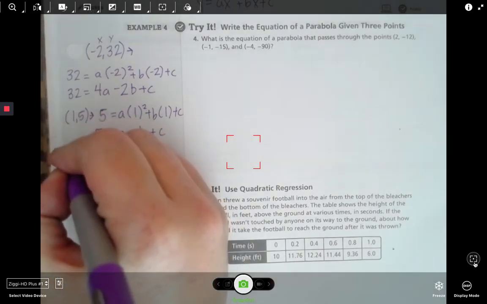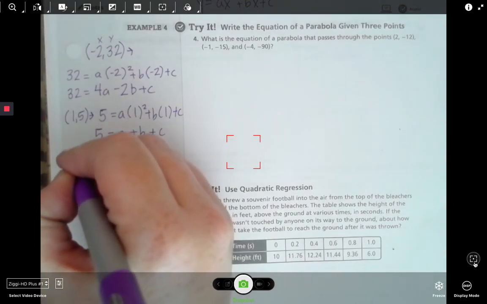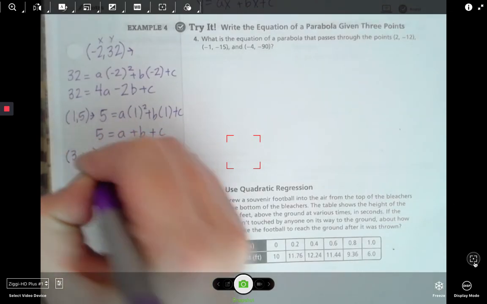And then our last ordered pair that this parabola passes through would be 3, 17.